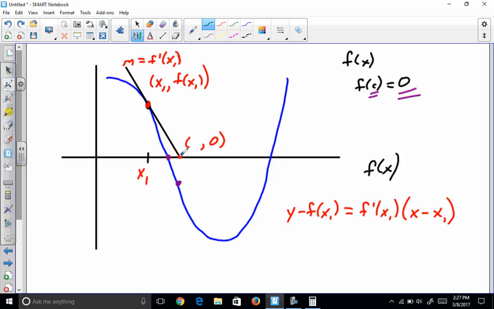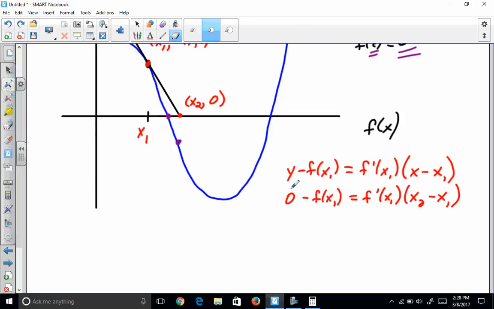And let's call that new x value x sub 2. So let y be 0 and solve for x sub 2. So if y is 0, we just have a minus f of x sub 1.